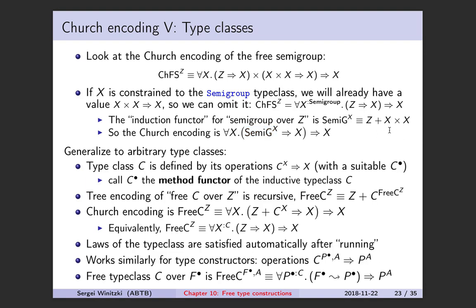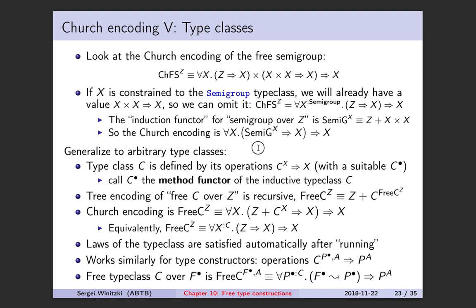But actually, this is always going to be of the form Z plus something when we do a free type class construction, because we have to wrap the Z type, and then we have these methods. This tells us how to generalize the free construction to arbitrary type classes.